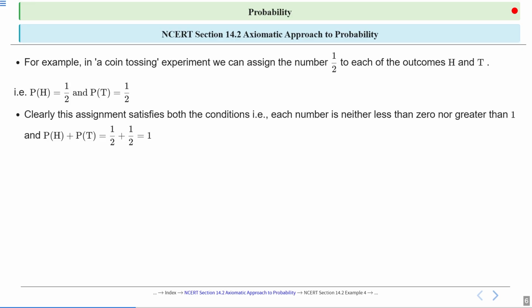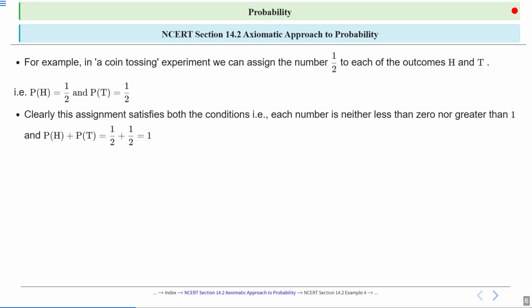Each number is neither less than 0 nor greater than 1, so 1 by 2 is greater than or equal to 0 and less than or equal to 1. That is, P of E is always greater than or equal to 0 and less than or equal to 1.